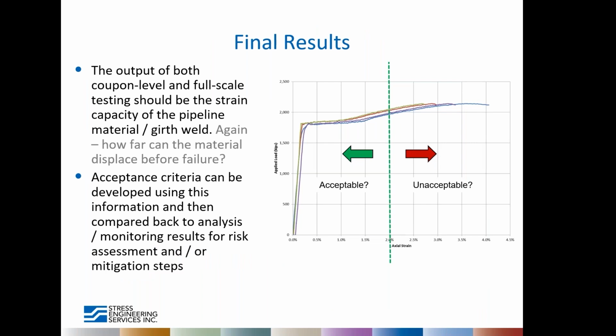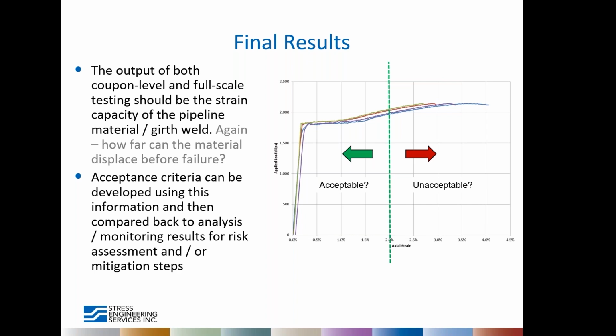So again, what we're using these tests for is to give us the strain capacity of the pipeline of interest, and then we're using that to determine our acceptance criteria. So if we look at the plot on the right, which is a plot of applied load versus axial strain all the way up to the point of failure, what we're going to want to do is find a point on the x-axis that we know is achievable for our pipeline, and we're going to set that as our acceptance criteria.